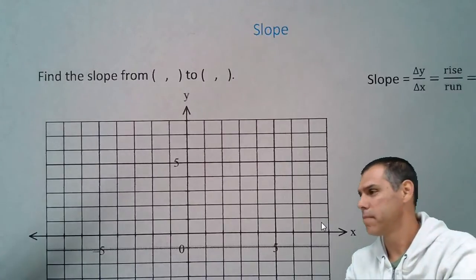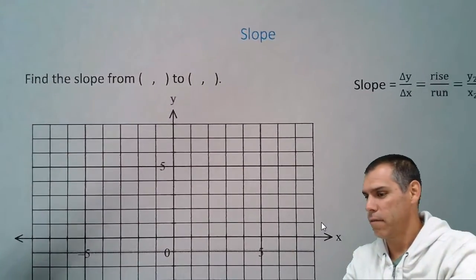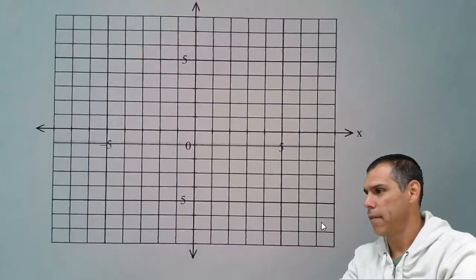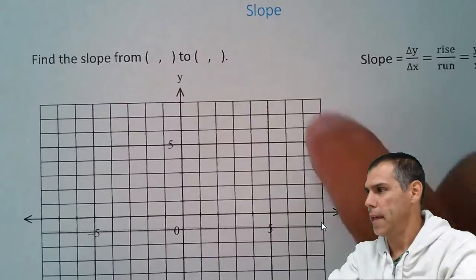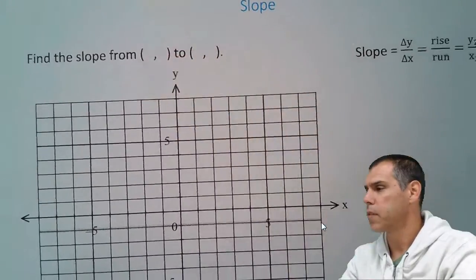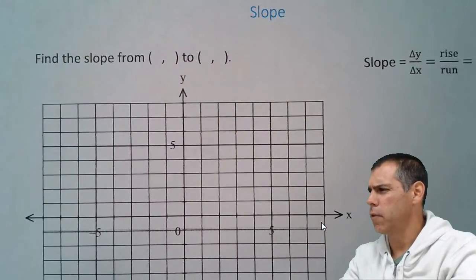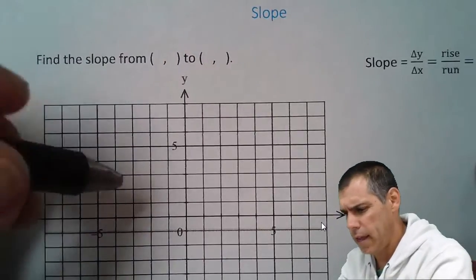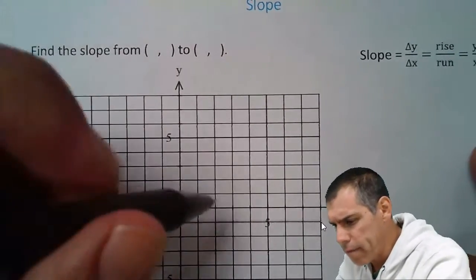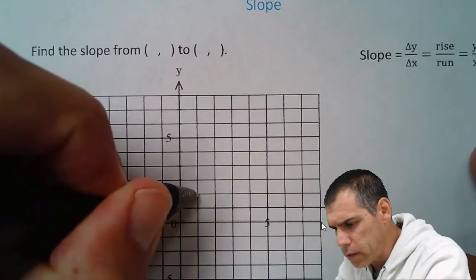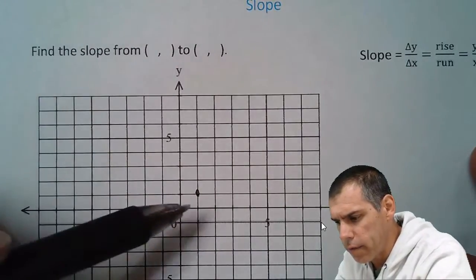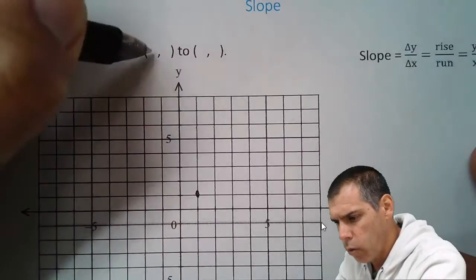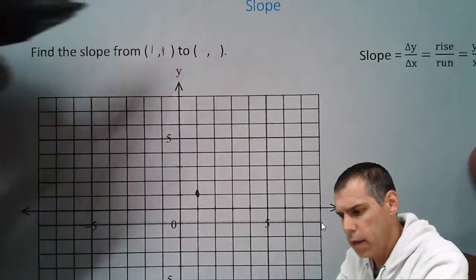So let's get started. The first one here is I have a graph, an XY plane, and we're going to put a couple points in here. The first one is going to be, let's say on my graph, I have the point 1, 1.